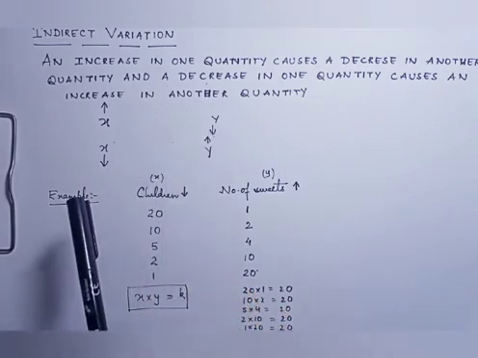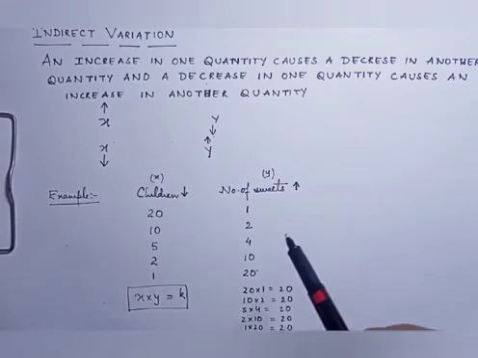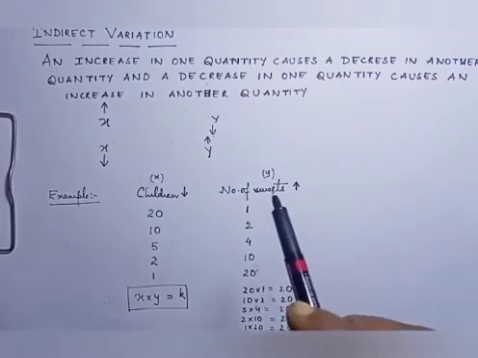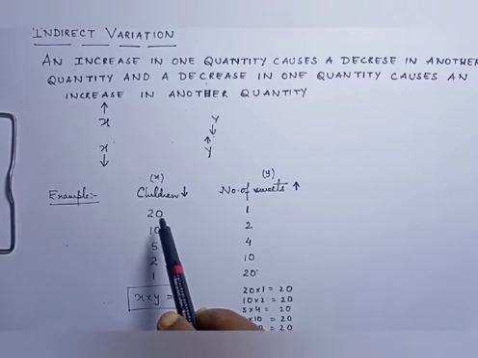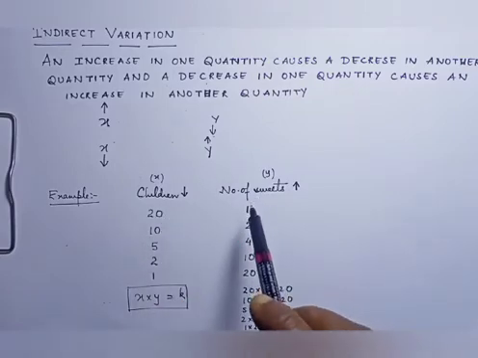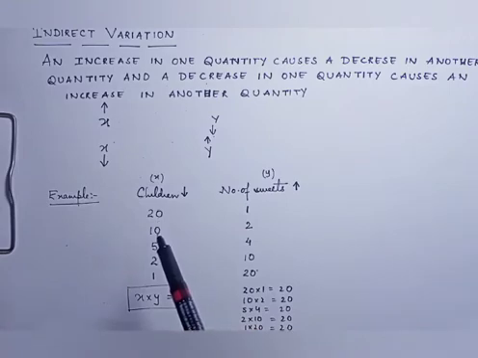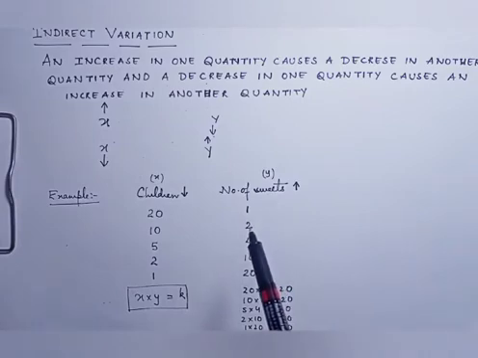So let us see with the help of an example. Suppose I have 20 sweets with me, and I have to distribute those 20 sweets to 20 children. So the number of sweets that each child is going to get is 1. Now suppose I have to distribute the 20 sweets to 10 children, so each child is going to get 2.